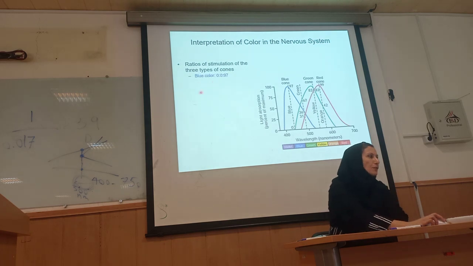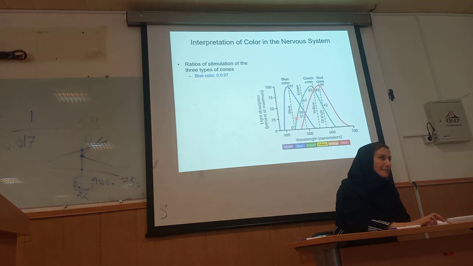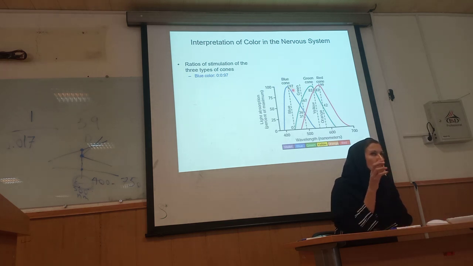For example, for the blue color, your system interprets it if the stimulation of the green cone was 0, the red cone was 0, but the blue cone was 97. The typical blue.